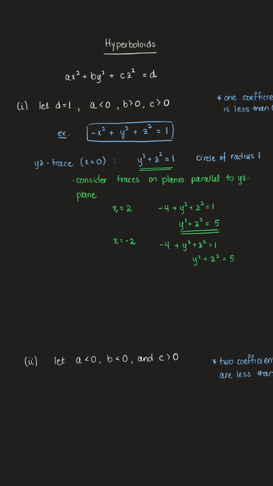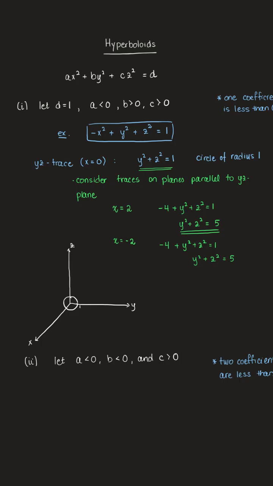So in space, here's what we have, the kind of graph that this is looking like. I'm going to draw a very small version over here since I didn't give myself too much room. There's our x-axis, our y-axis, and our z-axis. We know that on the YZ plane, we have a circle of radius 1. So there's our circle, a little crooked. Let me try a little bit better there, of radius 1.